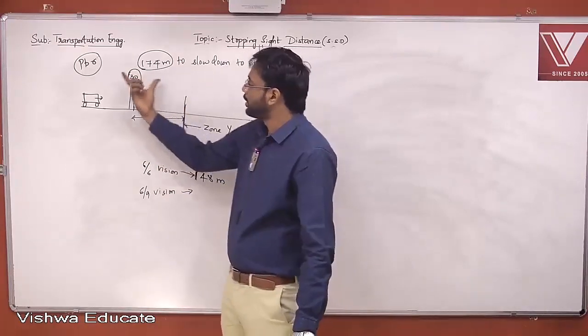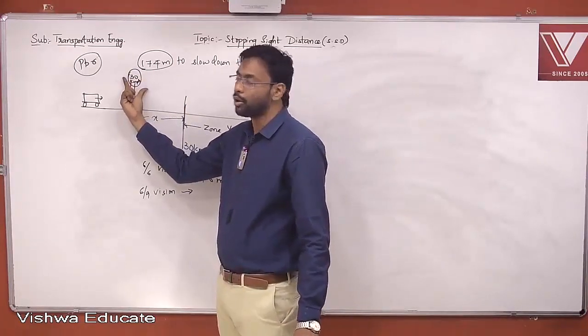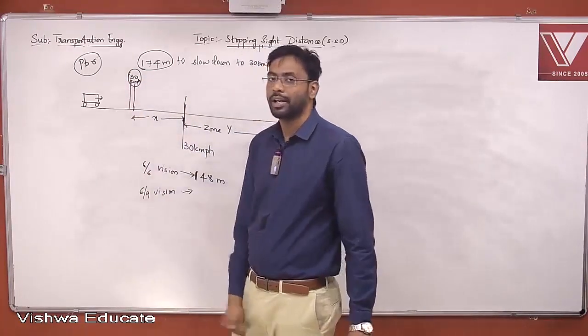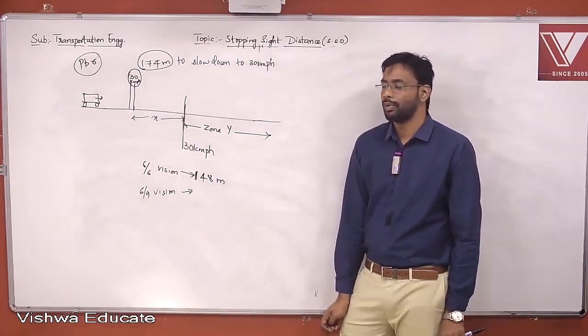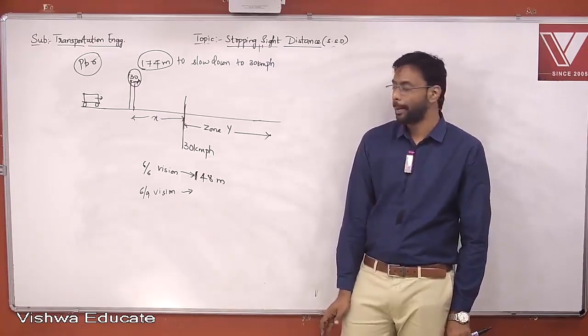At what distance do you need to install this signboard so that even a 6x9 vision driver can reach 30 kmph before the start of zone Y?